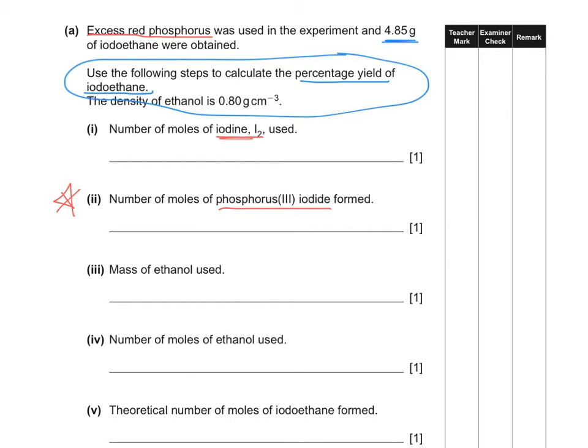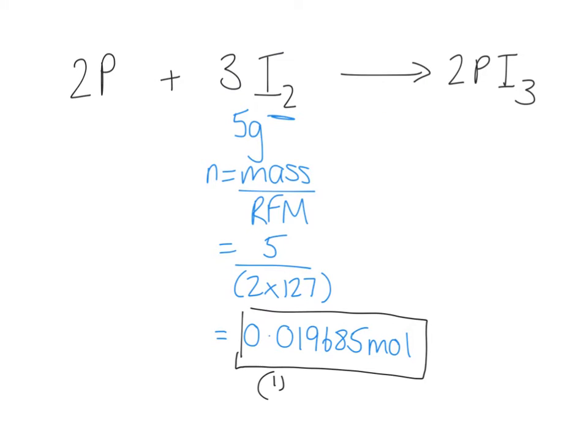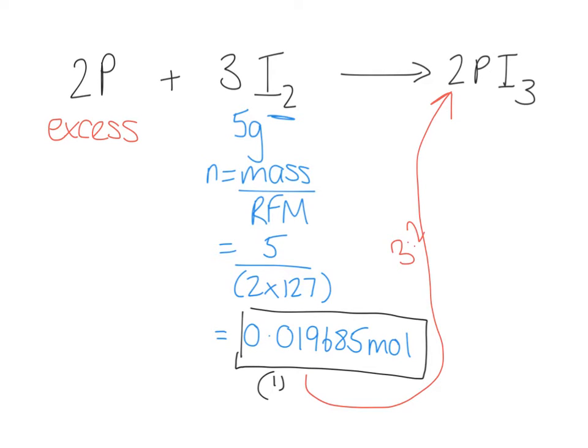So again we'll go back to our equation. So we worked out that 0.019685 moles of iodine were used, and the reason we can use that is because we know that phosphorus was used in excess, so our iodine is always going to be the limiting reactant. So I can work out how many moles of phosphorus iodide were formed by using my ratio. So my ratio, you can see, is 3 to 2. Now we're used to having one of the ratios being 1.